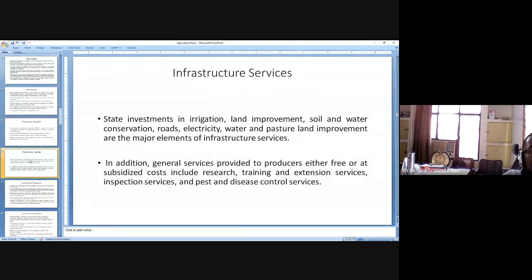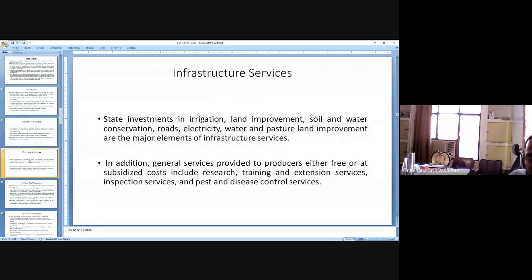The next slide. Then infrastructure services. The state investments in irrigation, land improvement, soil and water conservation, roads, electricity, water and pasture land improvement are the major elements of infrastructure services.